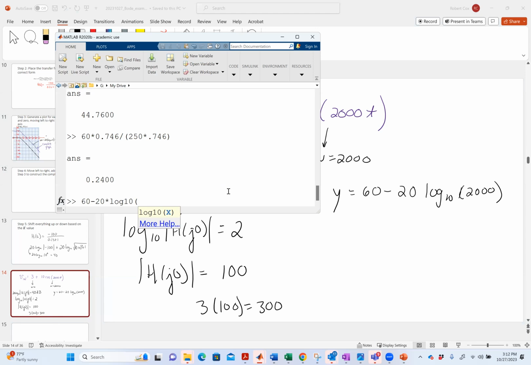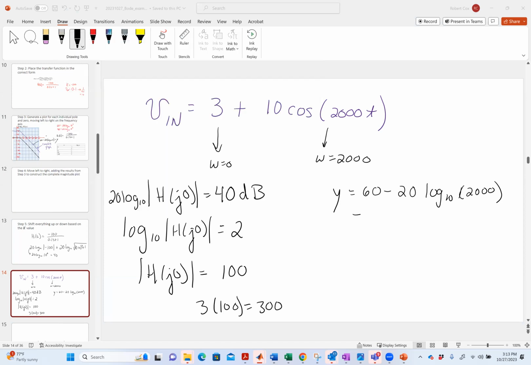So I do log10 of 2000 like that, and I'm going to end up with negative 6.0206. So this is negative 6.0206, which is equal to 20 log 10 of the magnitude of H of j2000.